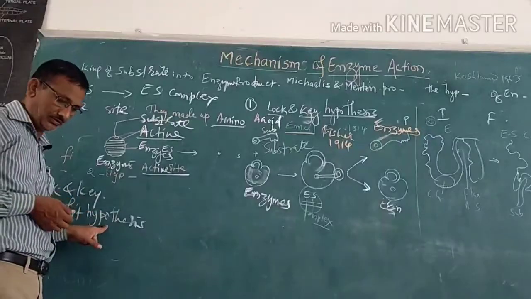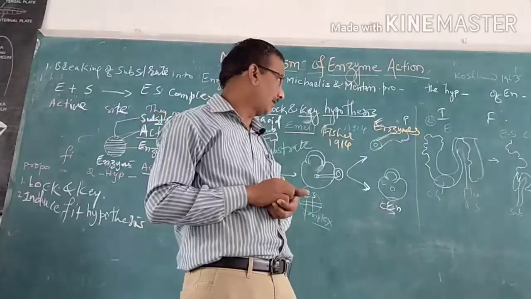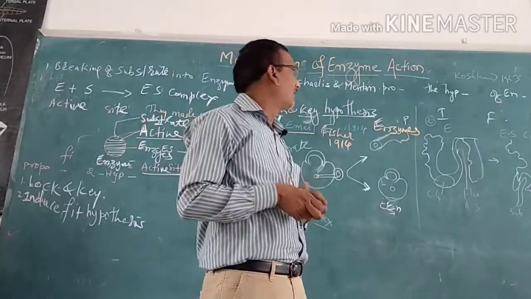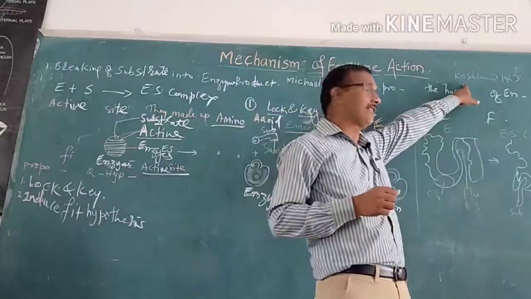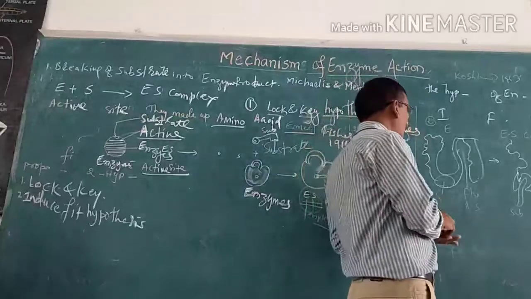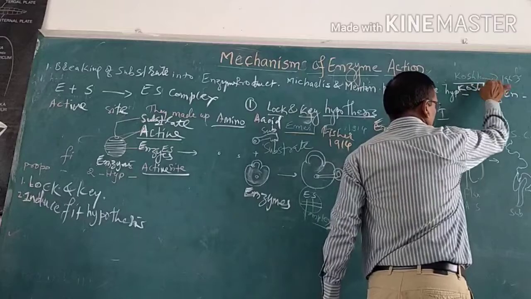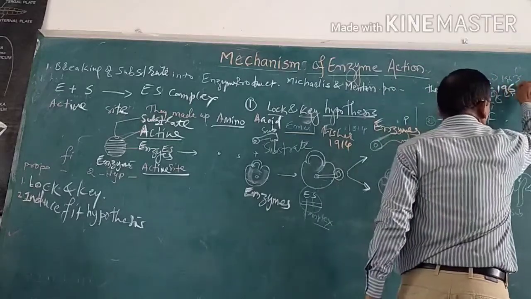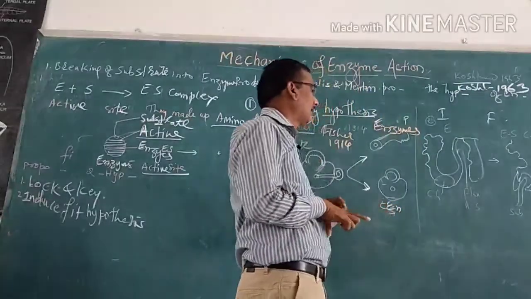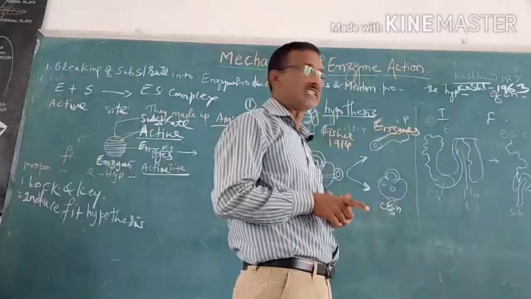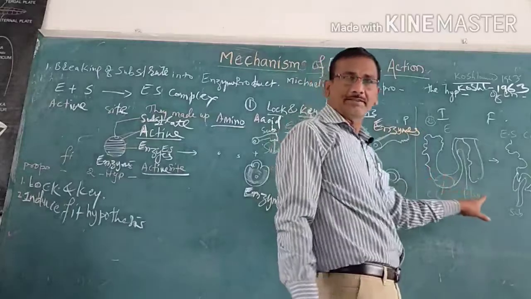The second hypothesis is the induced fit hypothesis. This hypothesis is similar, but it was proposed by a second scientist, Koshland, in 1963, who proposed the ES complex. E is the enzyme and S represents the substrate. The diagram is different.